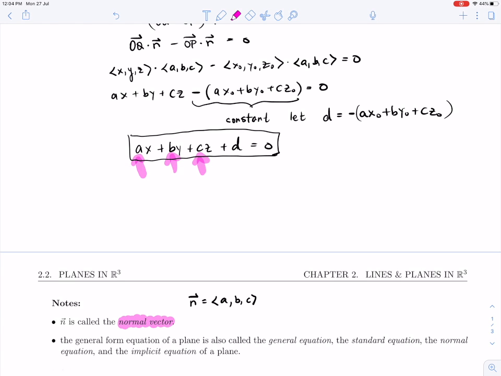The normal vector is apparent in the general form equation. And just another little bit of nomenclature: the general form equation, I've been using them interchangeably, is sometimes also called the general equation, the standard equation, you might see the normal equation, the implicit equation. All of these things refer to this same equation here, which represents a plane in three-dimensional space.